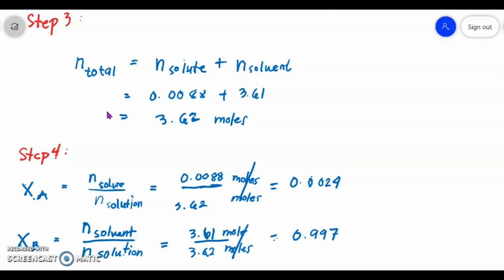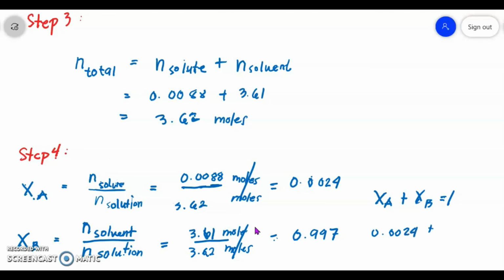As I've said before, the total of X sub A and X sub B should be equal to 1. To check, use your calculator to see if these are indeed equal to 1. So it is 0.0024 plus 0.997.